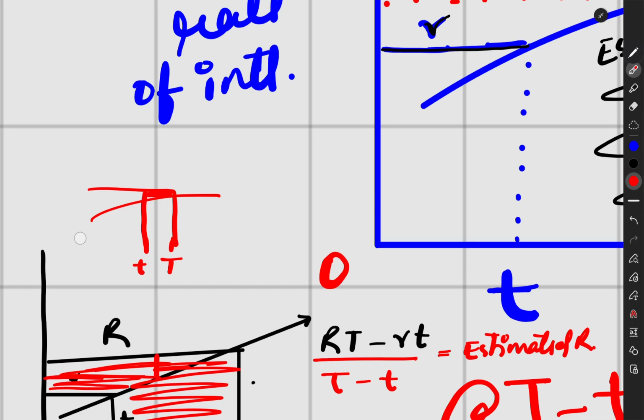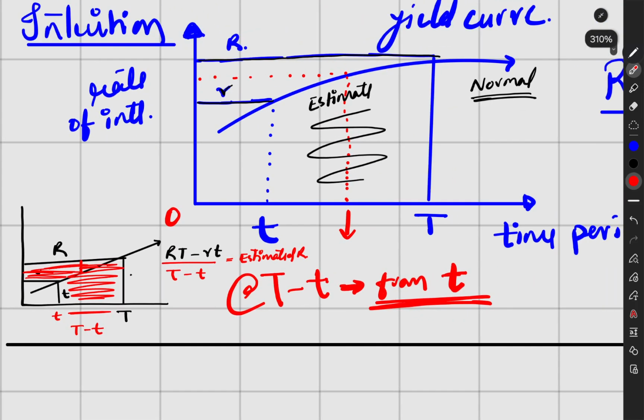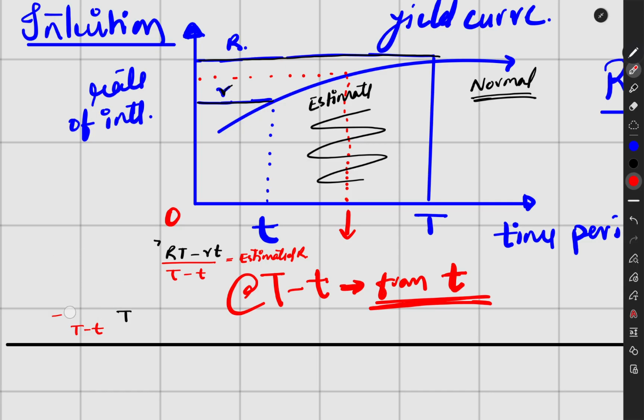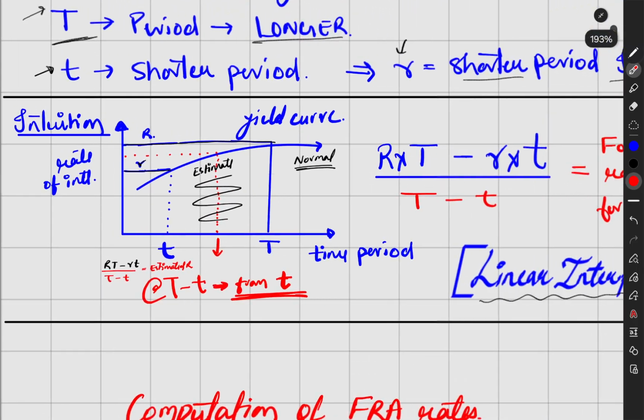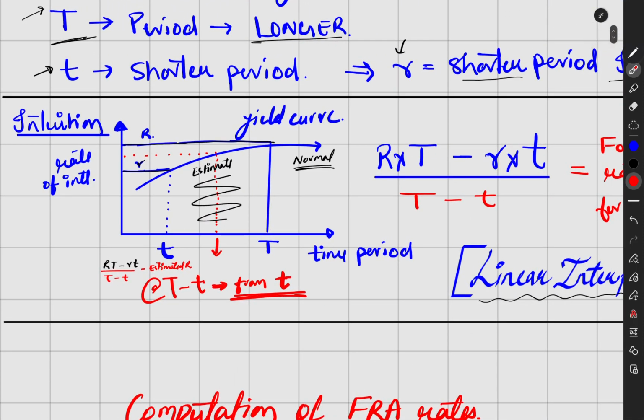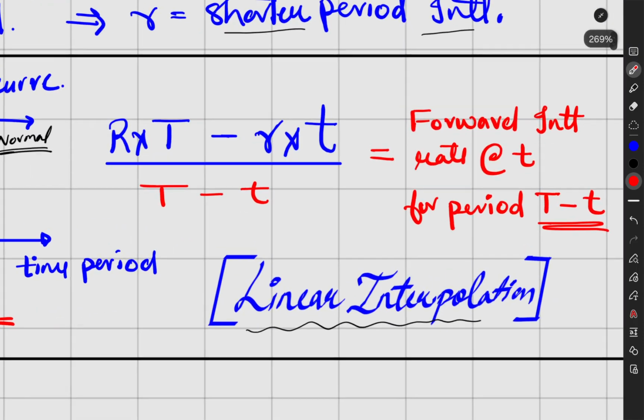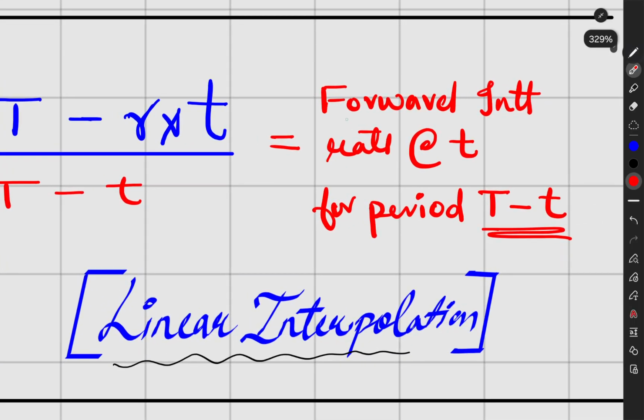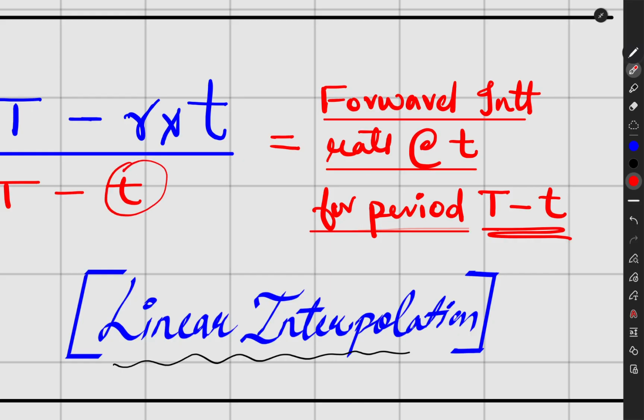Therefore this linear interpolation fails to do interest rate interpolation for longer maturities and maturities with large differences in time period. So it's just an estimation. You get the intuition behind it, and it gives you the forward interest rate at t, that is your shorter maturity, for the period T minus t.